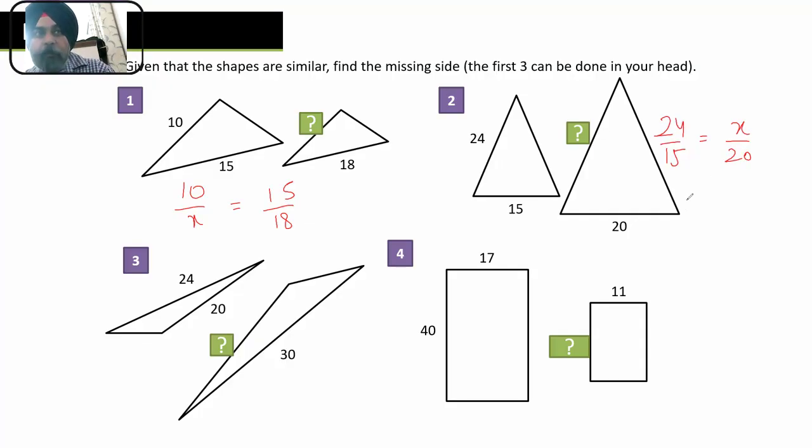So in the next one, they just flipped it. So we need to be very careful about this question. So let me mark this as A, B, C first of all. And so it should be 24.